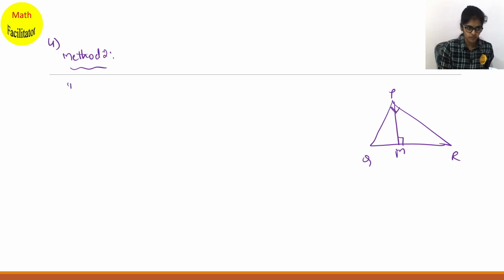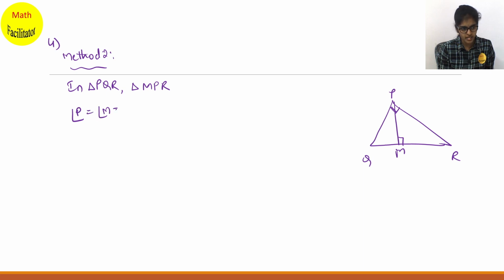Firstly, I am taking the smaller triangle and the bigger triangle. In triangle PQR, the bigger triangle, and triangle MPR, the smaller triangle. See, angle P is equal to angle M is equal to 90 degrees. Yes or no? This is 90 in the bigger triangle and the smaller triangle.